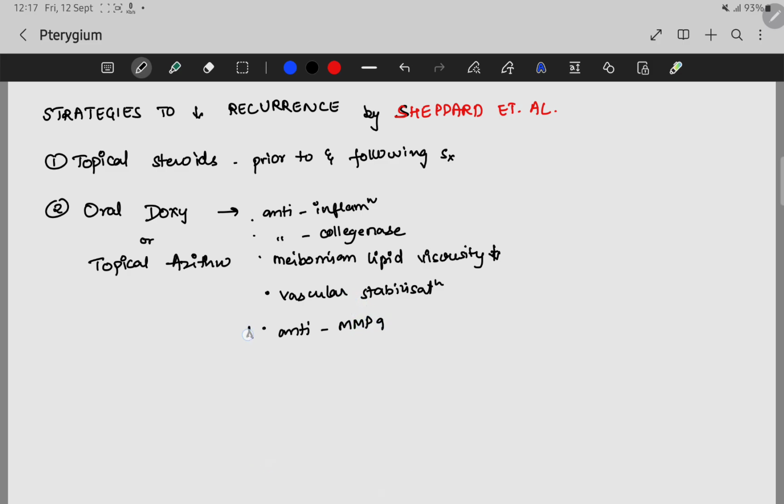As we have read in the pathology, pterygium is positive for matrix metalloprotease. So it has anti-MMP 9 properties, and that's why it is useful.